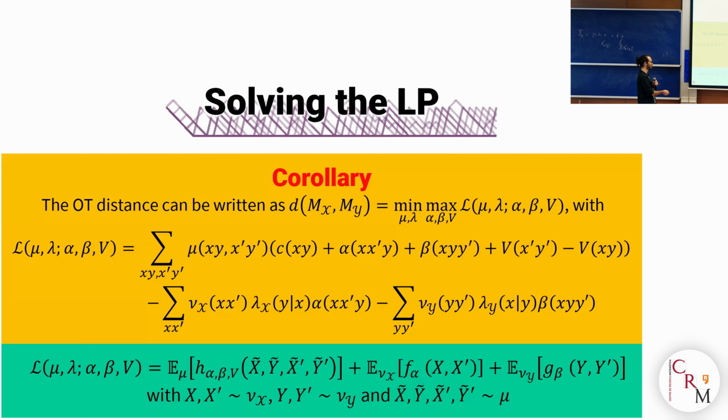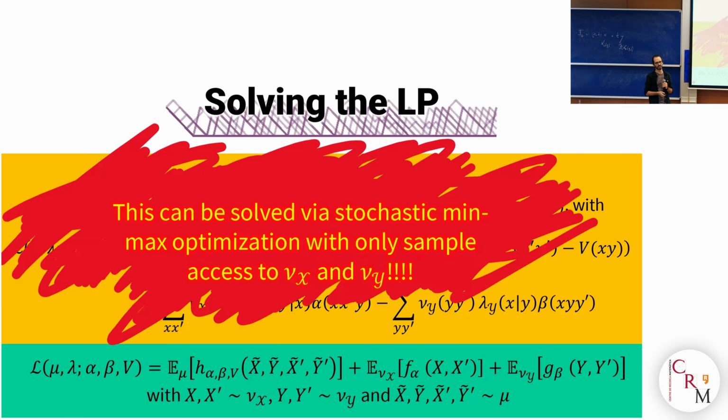Plus you have an expectation with respect to nu x, the stationary distribution of the x chain, and an expectation with respect to nu y. And this is cool because now this means that it can be optimized by stochastic optimization, by stochastic gradient descent in particular.